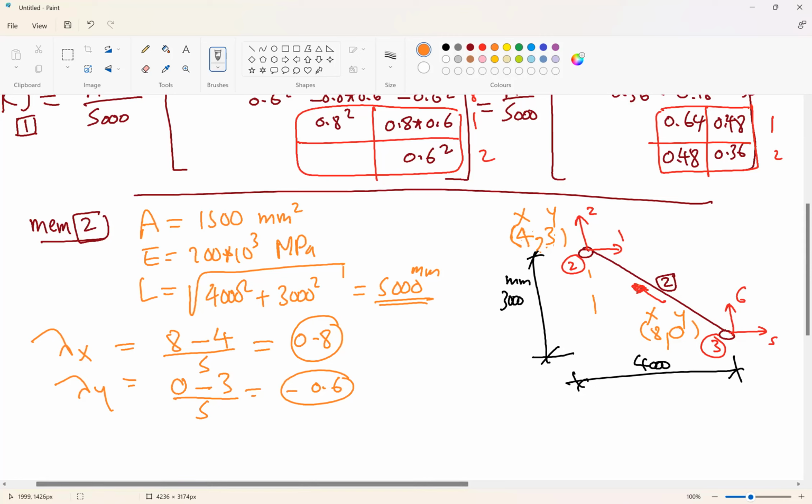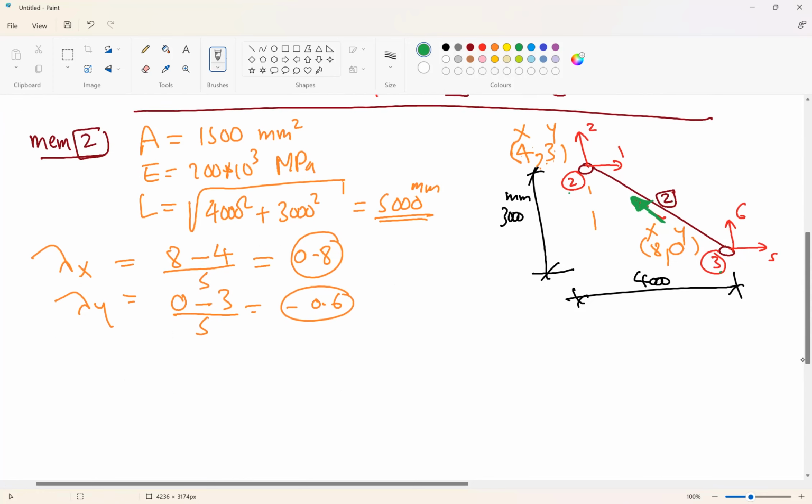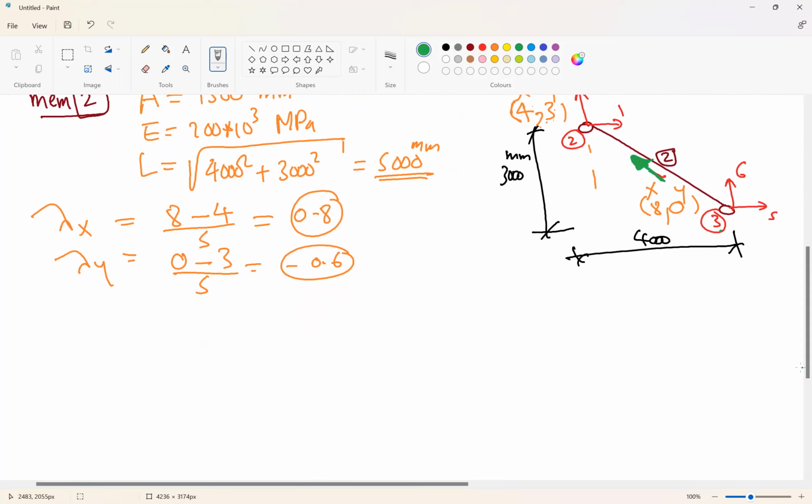Because in this problem, the direction was assumed to be from point 3 to point 2. If you start with point 2, it will be reversed, but just to follow this example, so this is the value of our lambda x and lambda y.